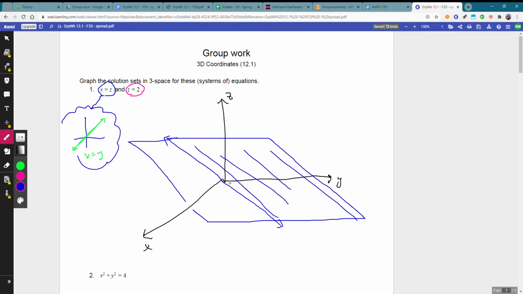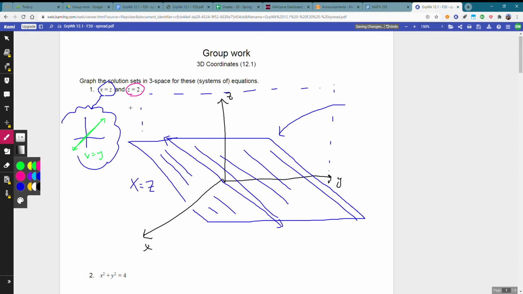But if you can imagine, if we tilted this up, it'd be straight along the yz plane. Here's the yz plane. If we take this plane and push it forward, here we are with our plane x equals z.